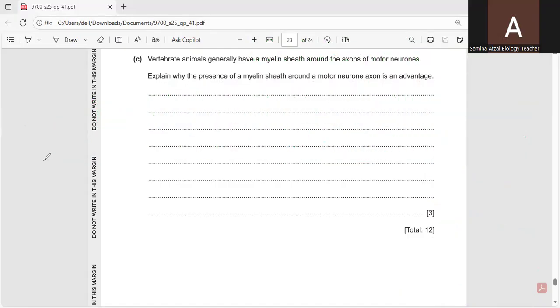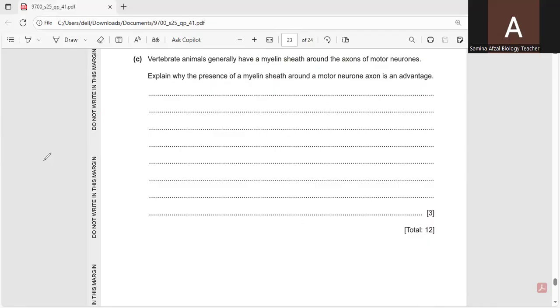Vertebrate animals generally have a myelin sheath, the insulating sheath around the axons of motor neurons. Explain why the presence of a myelin sheath around a motor neuron axon is an advantage. So we have to write the advantages of this myelin sheath around the motor neuron.